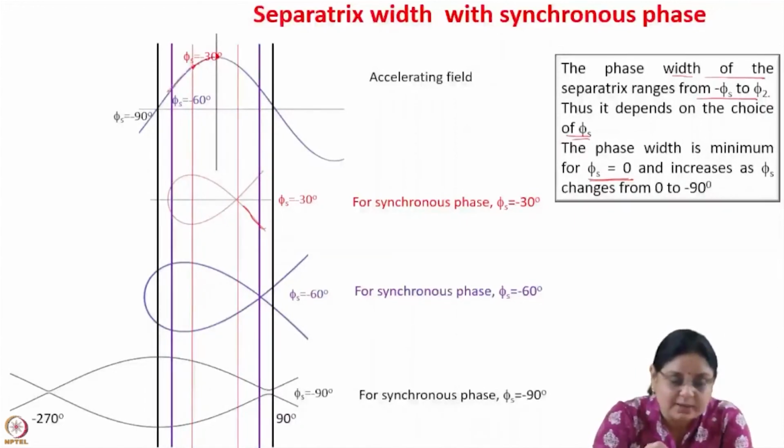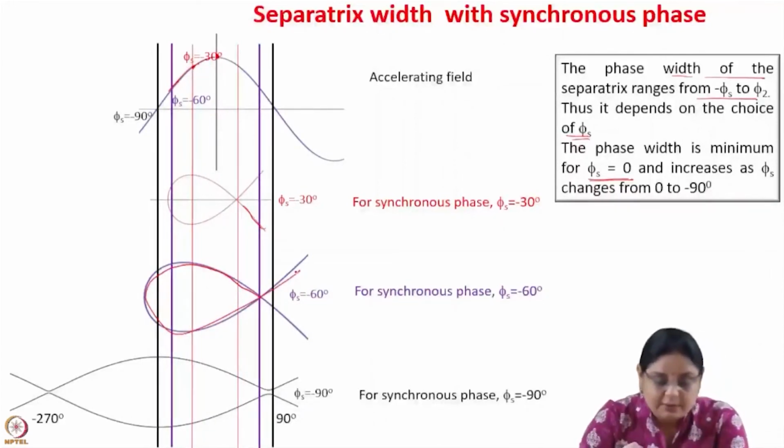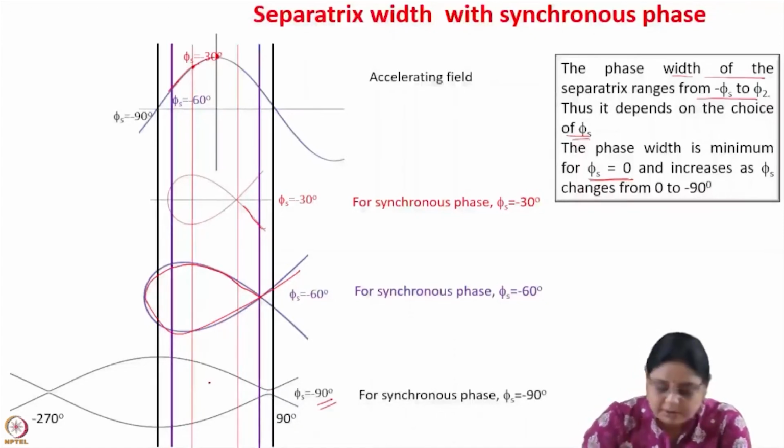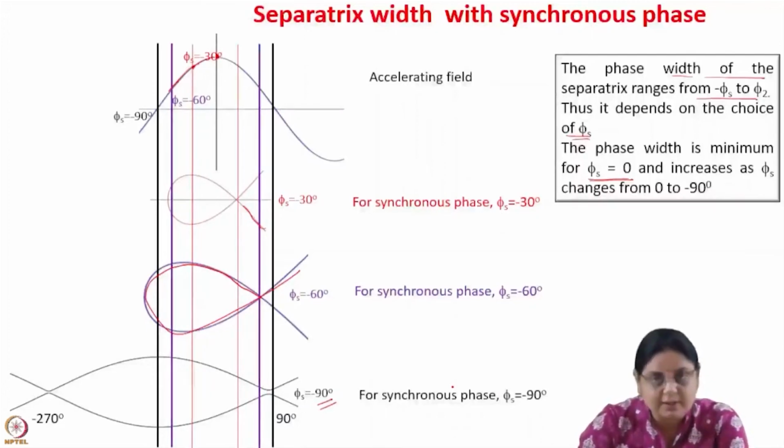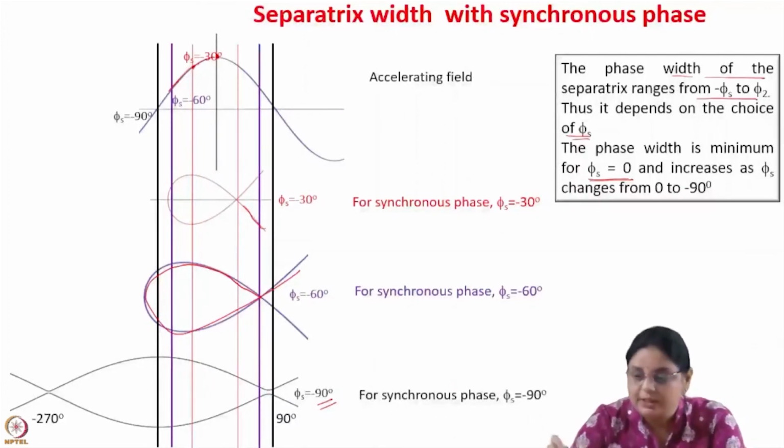As it goes to minus 60, this is the separatrix for minus 60. So the phase width keeps on increasing. The size of the separatrix goes on increasing, and at phi s equal to minus 90 it is maximum, ranging to full 360 degrees acceptance. So we see that the phase width depends upon the choice of the synchronous phase.